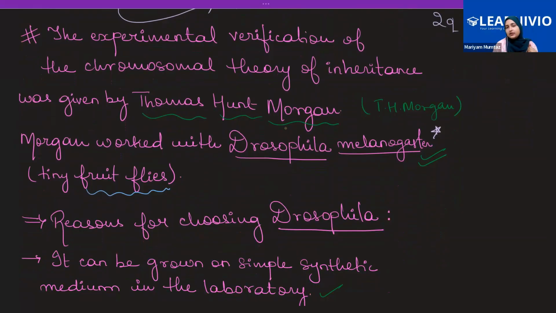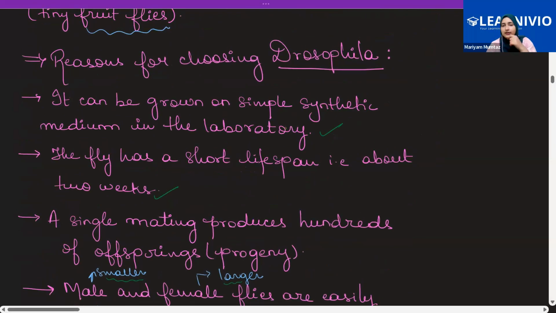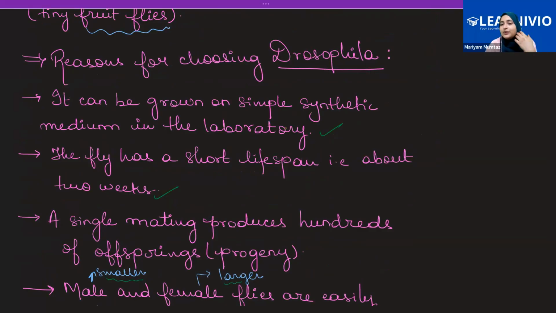Now the question comes along: out of all of the organisms, out of all of the insects in the world, why did he choose Drosophila? Because when you are testing any organism, you have to grow them also, isn't it? It's very easy to grow Drosophila on a synthetic medium.